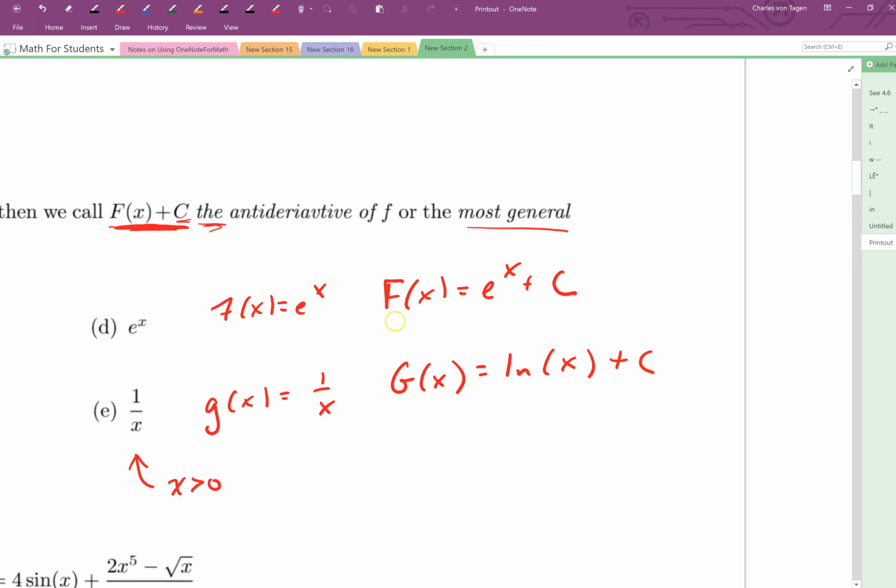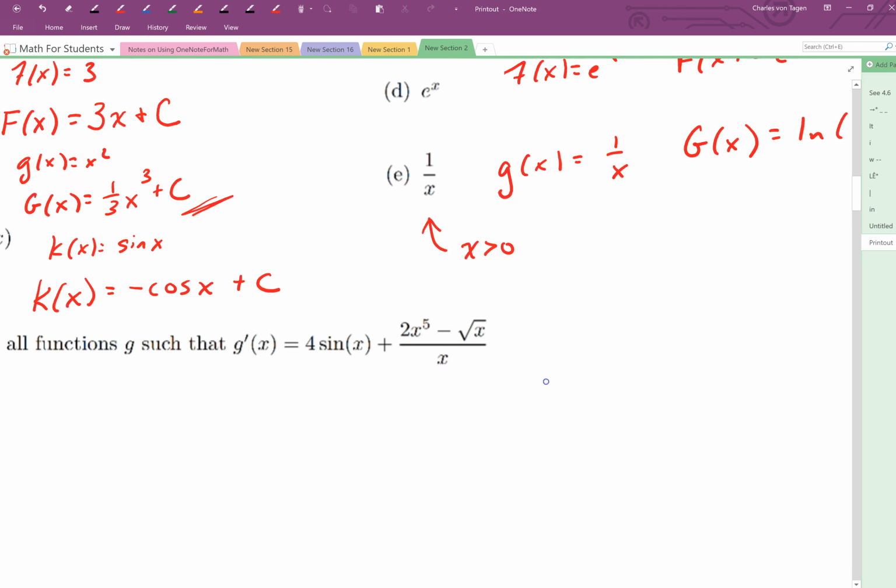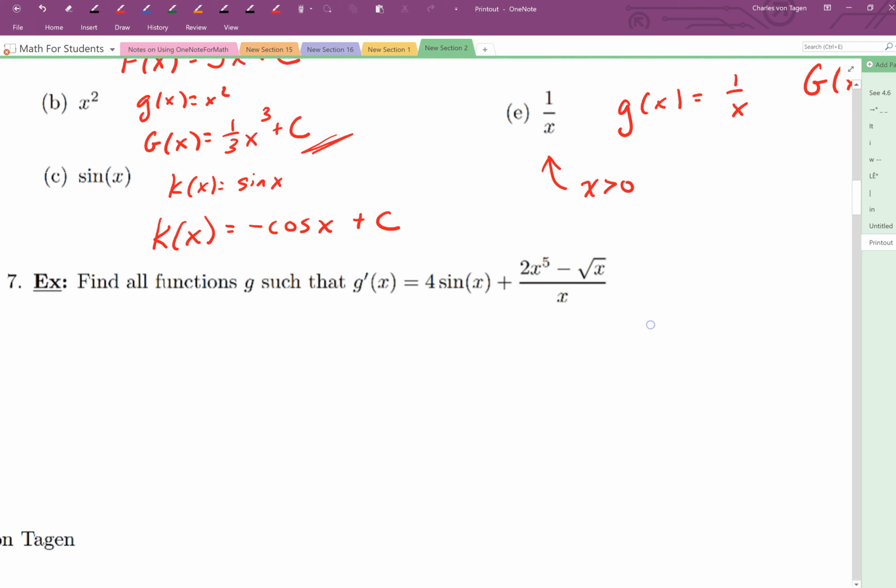Let's try a little bit harder one. Let's find all functions g so that g prime of x is equal to this long expression here. Okay. Well, until you first get good at antidifferentiation, you don't have a lot of potential rules, just like when we first had to practice differentiation.